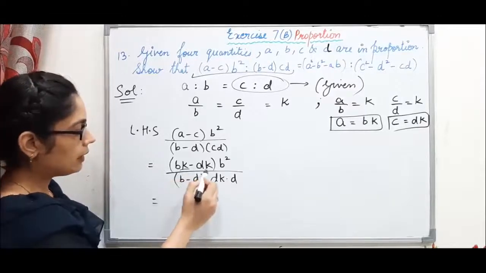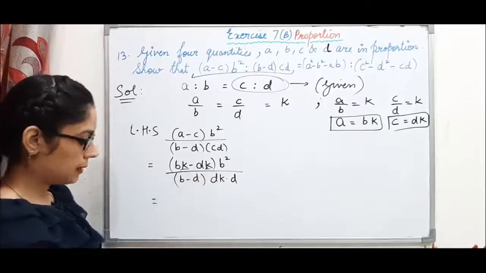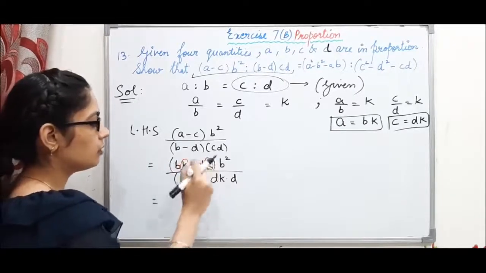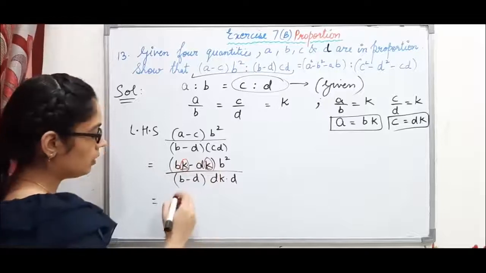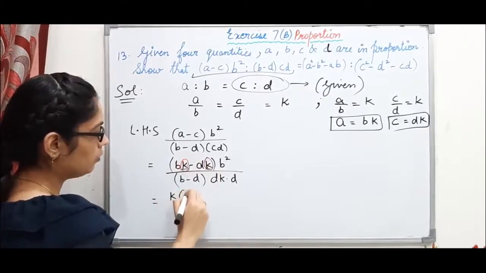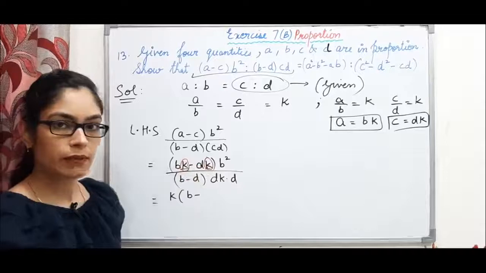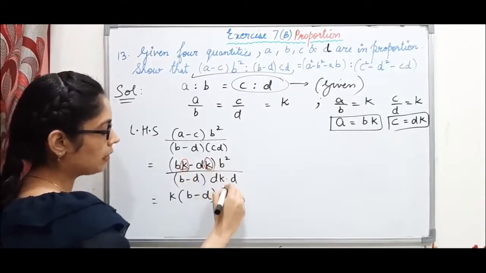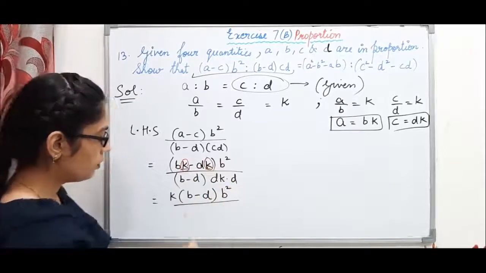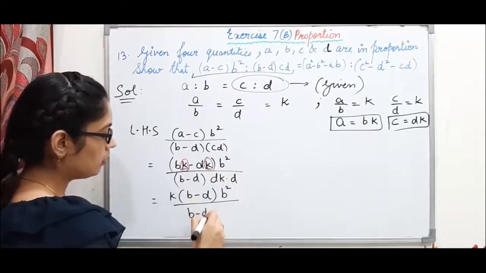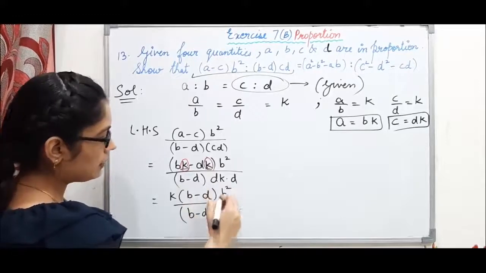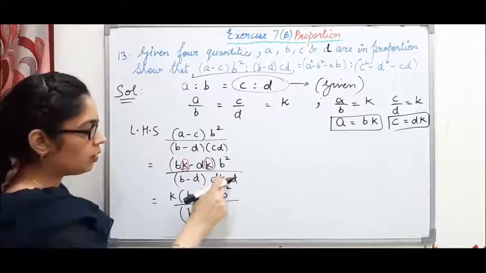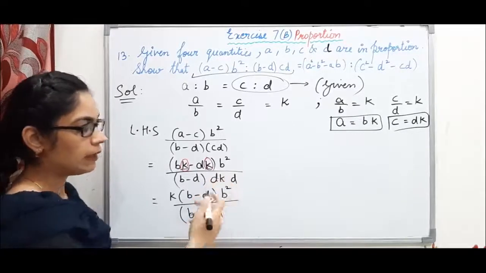Now K is common in both terms, so we can take it out. So K into (B minus D), the B square we write as it is. Now B minus D, and D into K into D, because all three are getting multiplied.